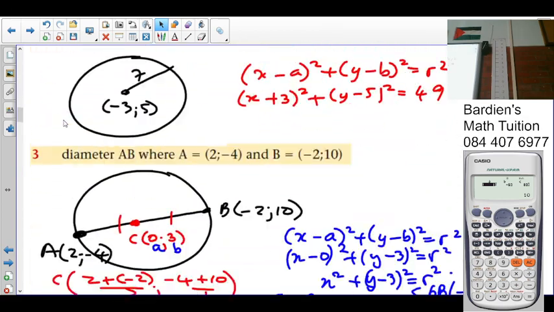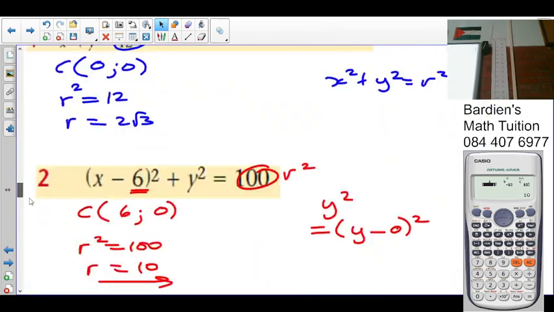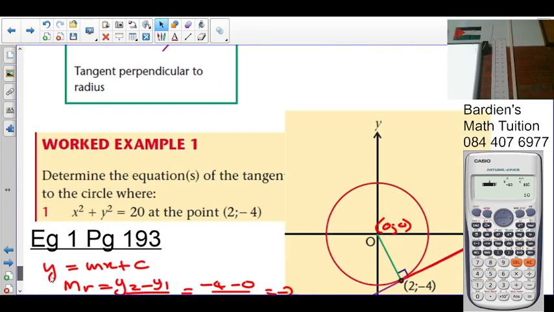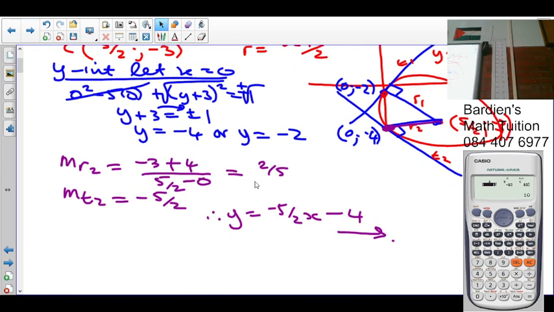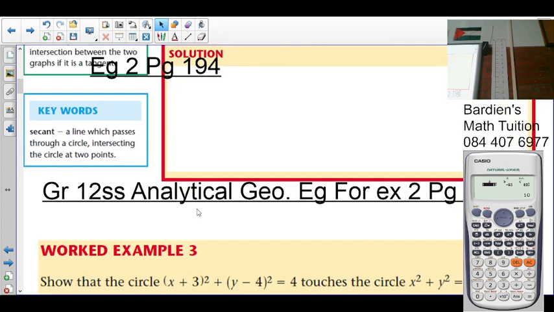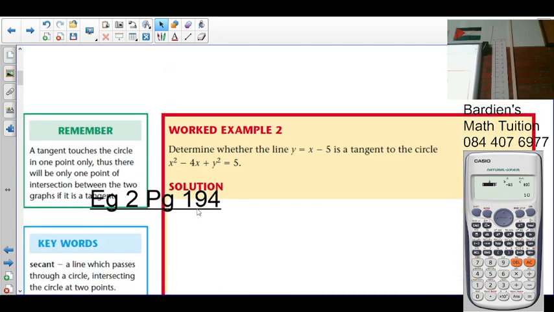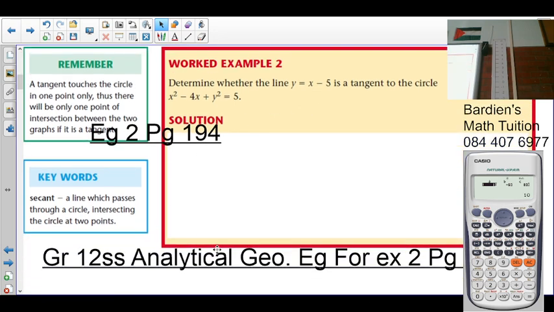So we're looking at this point. We have done example 1 on page 193. Okay, so we're looking at worked example on page 194.